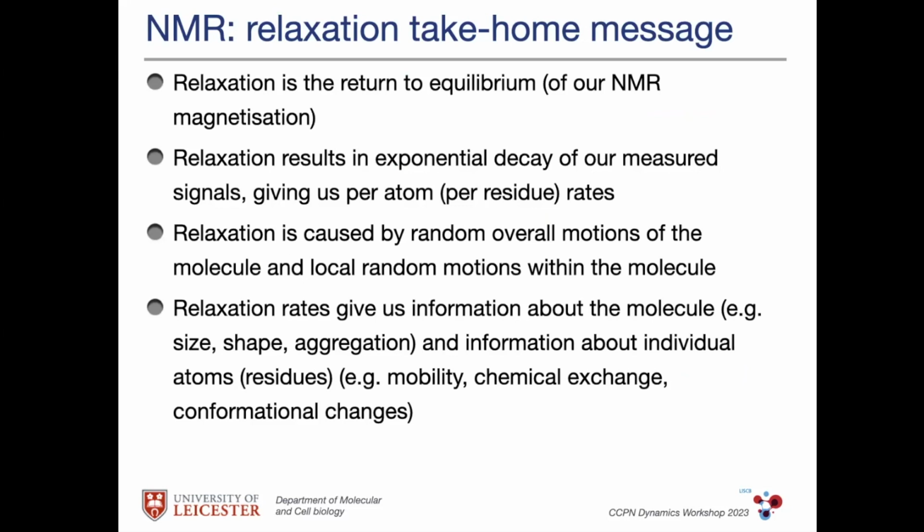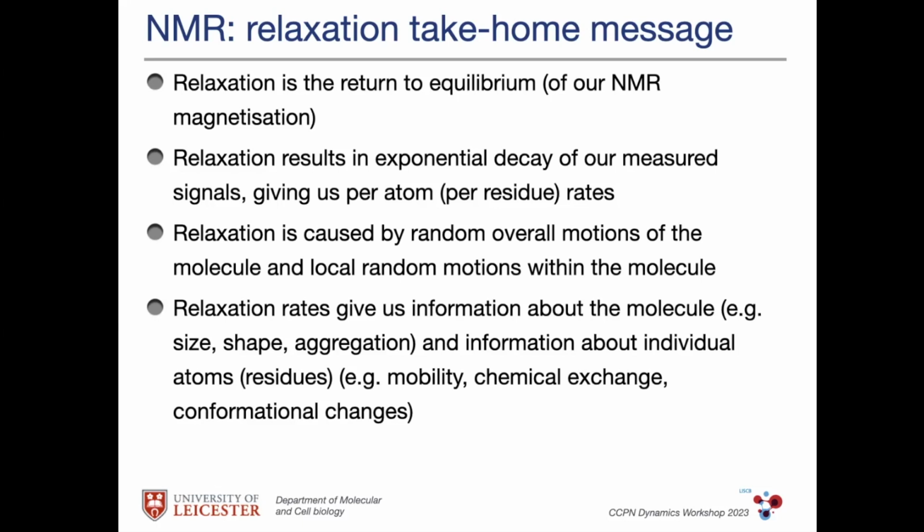So relaxation is the return to equilibrium of our NMR magnetization. Relaxation typically results in the exponential decay of our measured signals, and it gives us per atom or per residue rates for those decays. The relaxation is caused by random overall motions of the molecule and the local random fluctuations within the molecule.